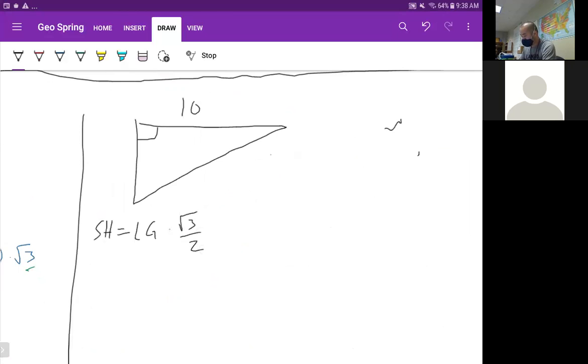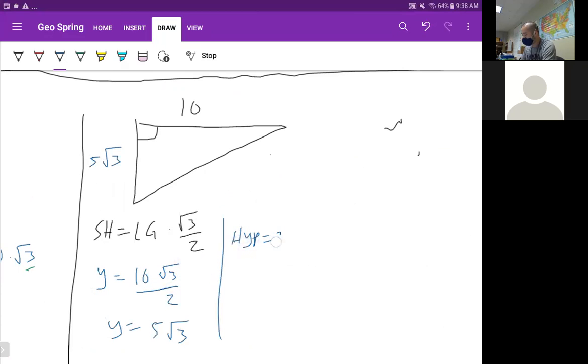Let's call this one y equals 10 is the long, and then square root of 3 over 2. So 10 divided by 2 is 5, so y equals 5 square roots of 3. That's this right here. Once you know the short, the hypotenuse is easy.